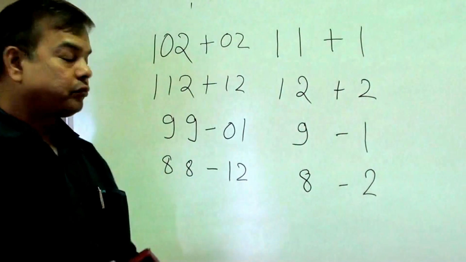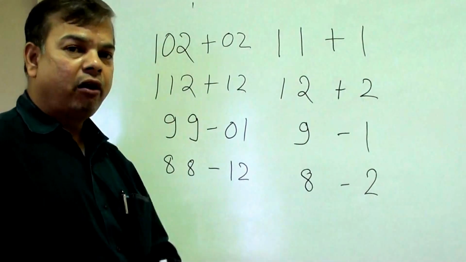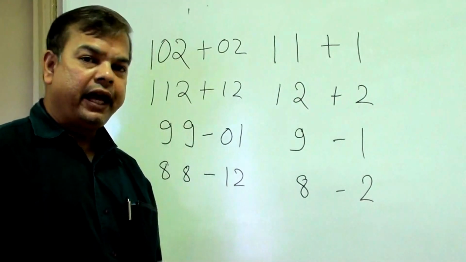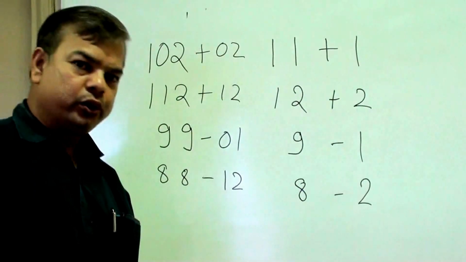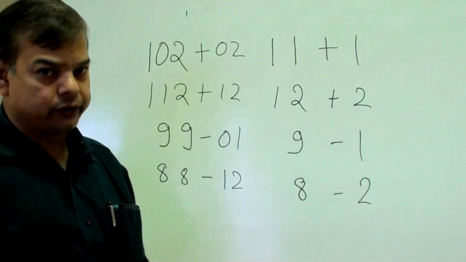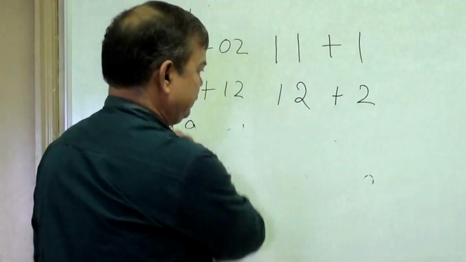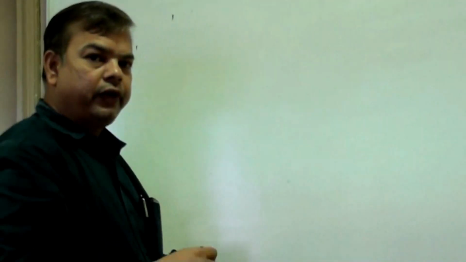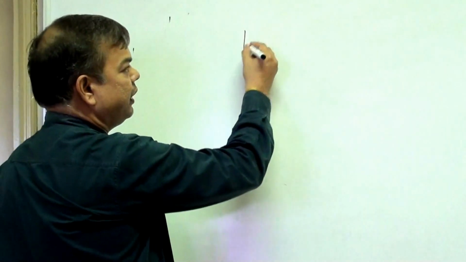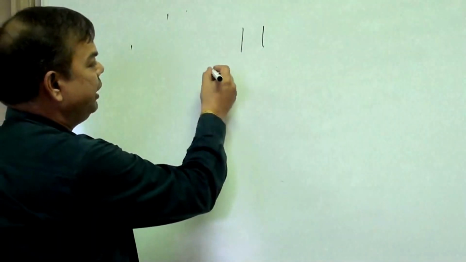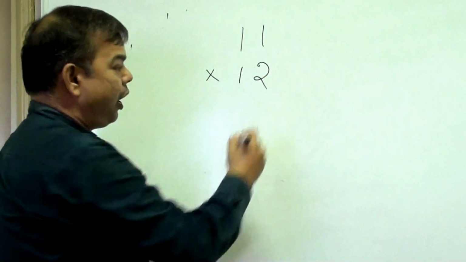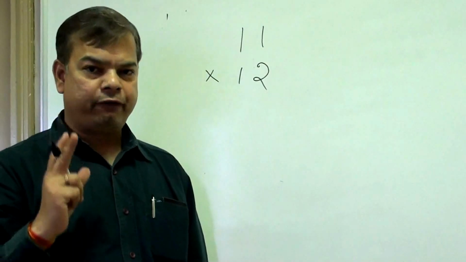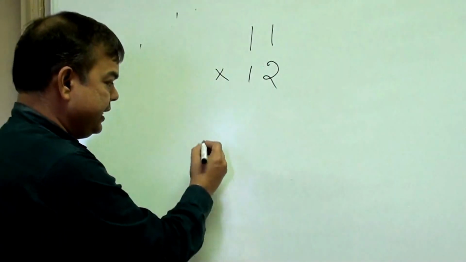Now after knowing this, we will move to solve the multiplication of two numbers which are close to the base 10 or 100 or 1000. Now let's take two positive numbers which are close to the base 10. So we will start with 11 and we will multiply it with 12. Now two things you have to remember which I am going to write here.